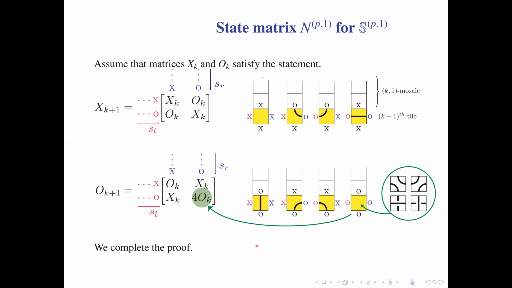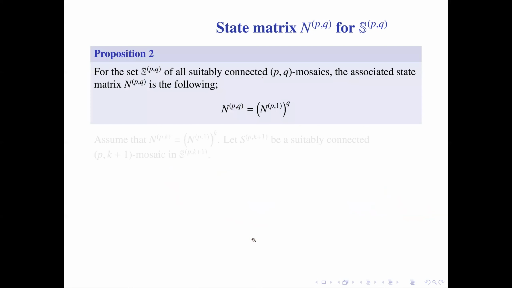Now I introduce Proposition 2. Proposition 2 is about NPQ for SPQ. For the set SPQ of all suitably connected PQ mosaics, the state matrix NPQ is the following.